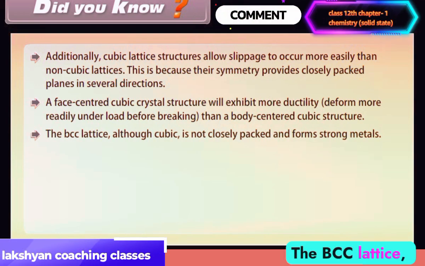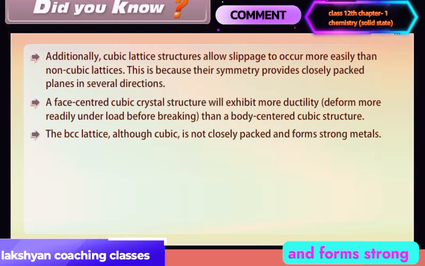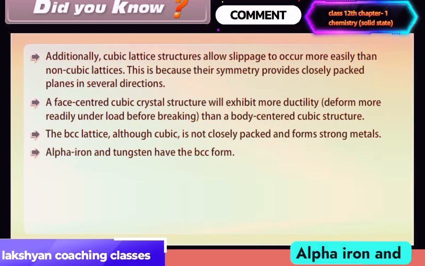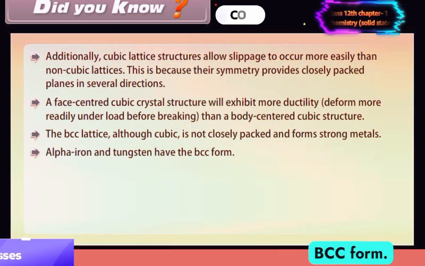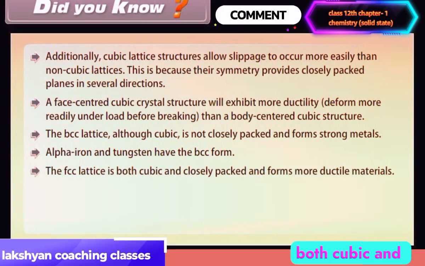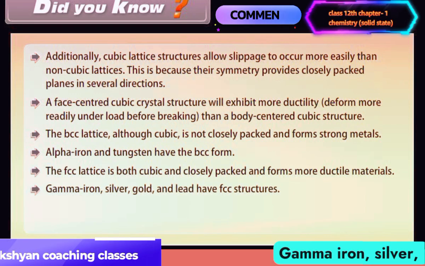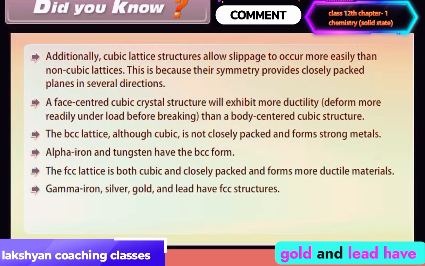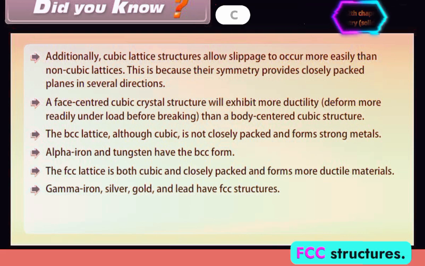The BCC lattice, although cubic, is not closely packed and forms strong metals. Alpha iron and tungsten have the BCC form. The FCC lattice is both cubic and closely packed and forms more ductile materials. Gamma iron, silver, gold, and lead have FCC structures.